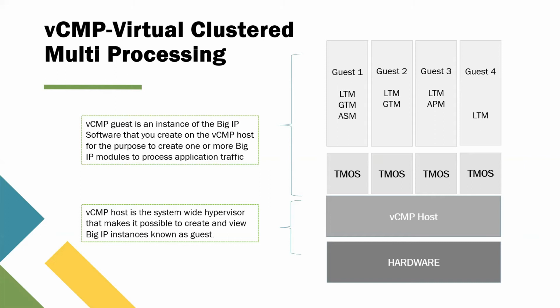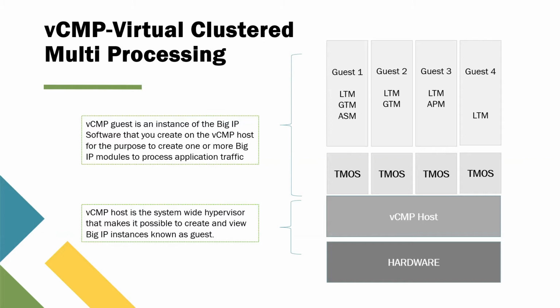It is kind of a hypervisor, like when you're running ESXi, you can create multiple VMs on top of it. It's a similar solution where you can have one hardware, and on top of it, you can create virtual instances, and then you can run one or more modules on top of it.